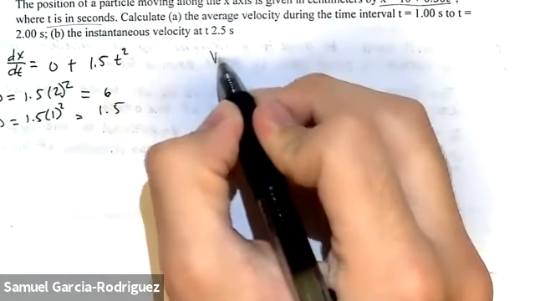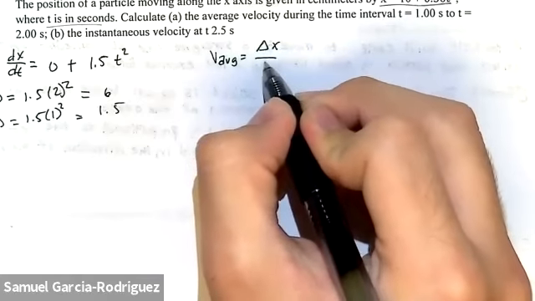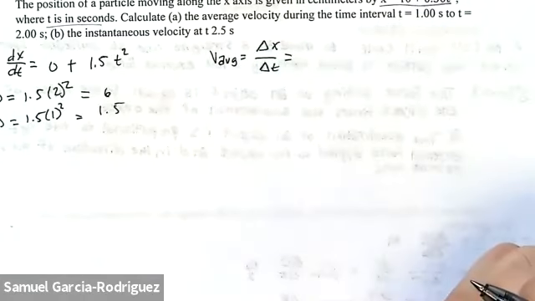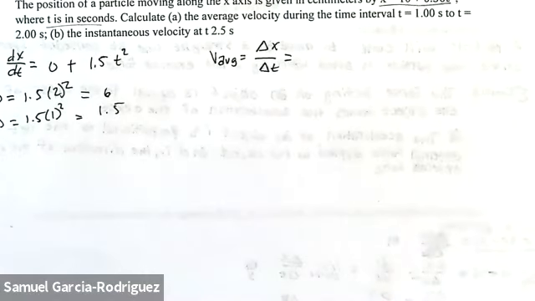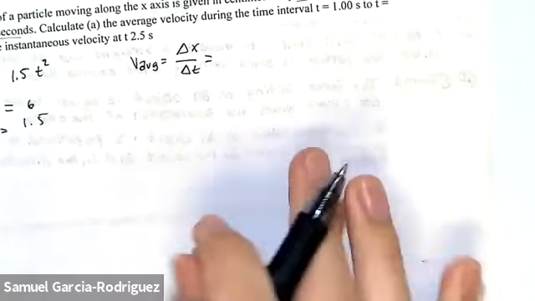So the equation for average velocity is delta x over delta t, which is, did I write that right? I'm an idiot.